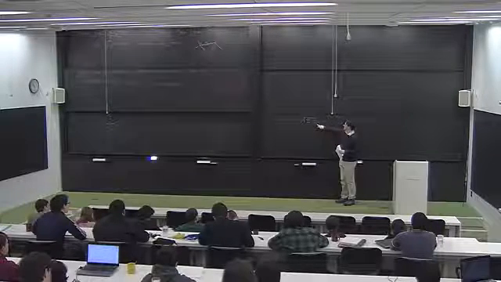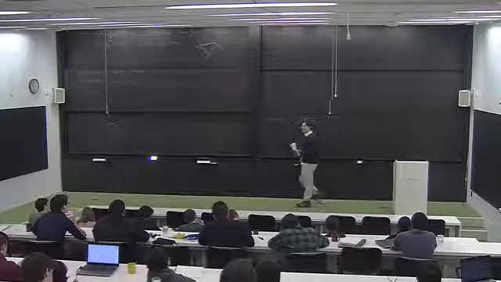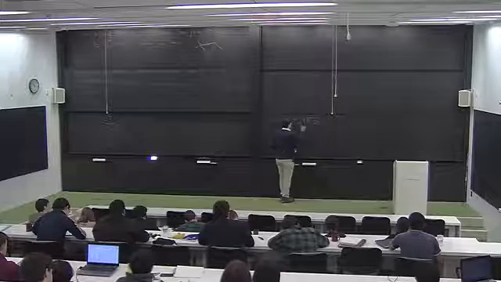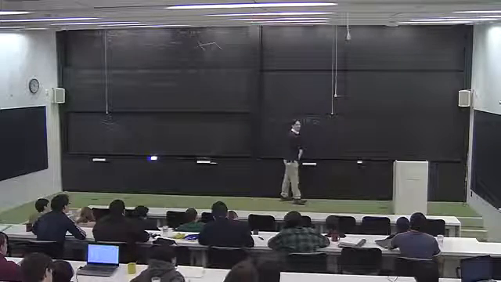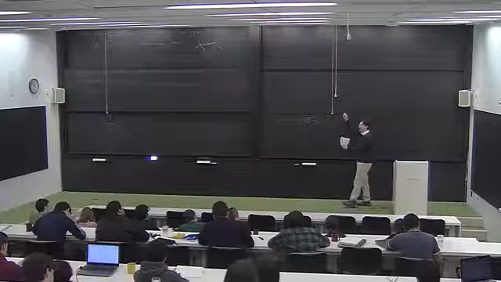This is the length element, and I integrate it over the line. I can pick my parameterization so it runs from 0 to 1. I'm trying to study propagation between two points in space-time.